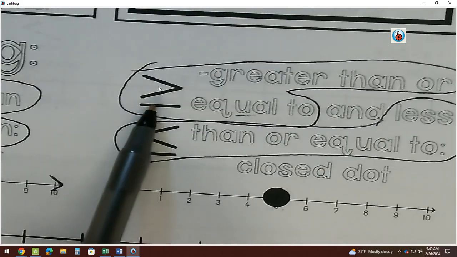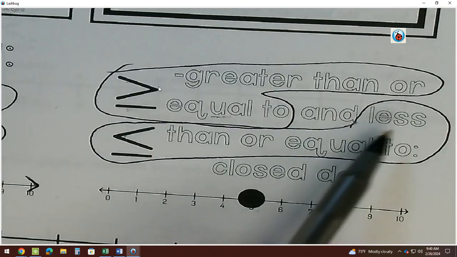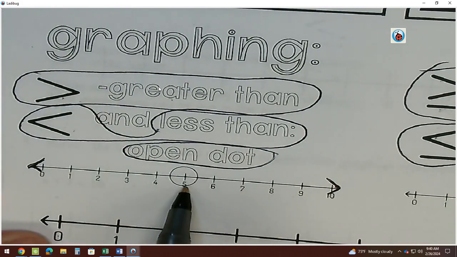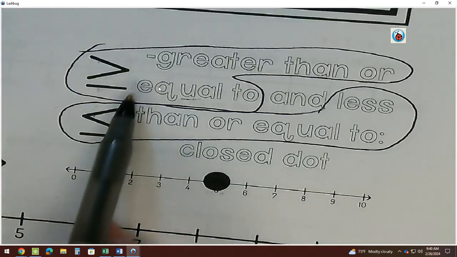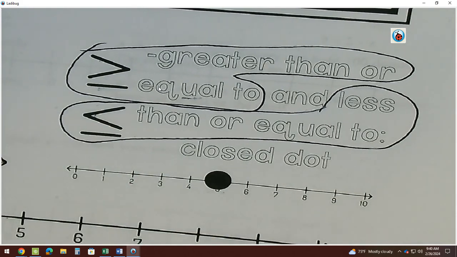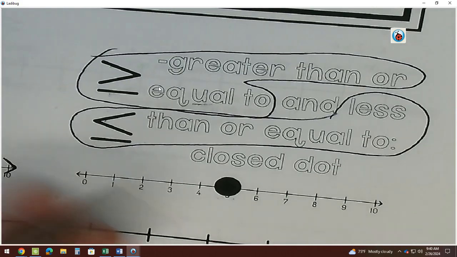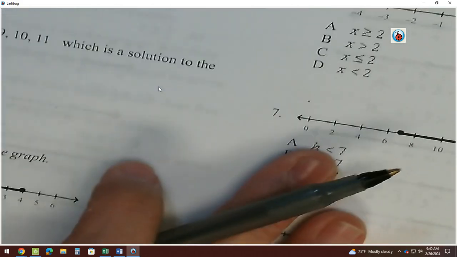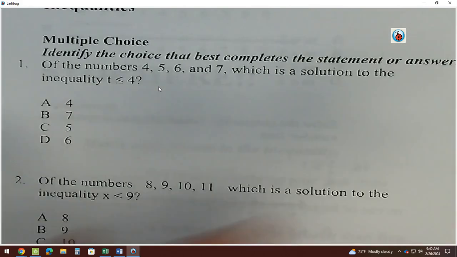And this one has greater than also, but it could also be what? Equal to. Okay? Now these are open graphs, and these are closed graphs. Any questions? No. So we'll be using this throughout the day. Okay? I'm going to show you how to use it now, or what it means.